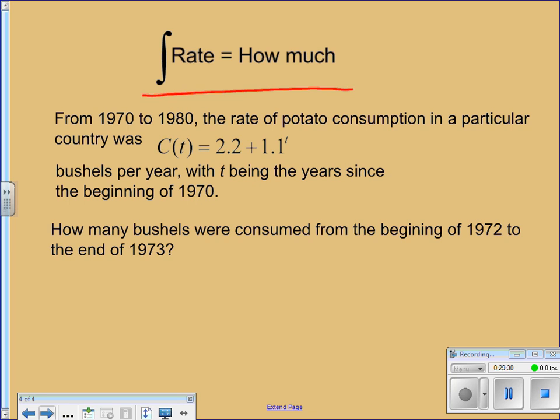How many bushels were consumed from the beginning of 1970 to the end of 1973?